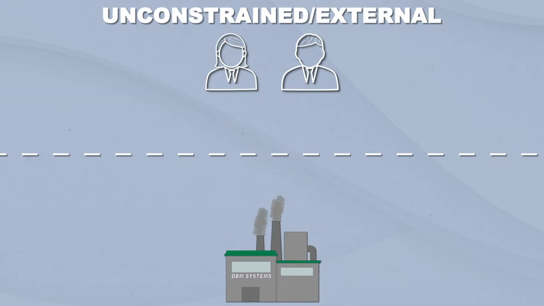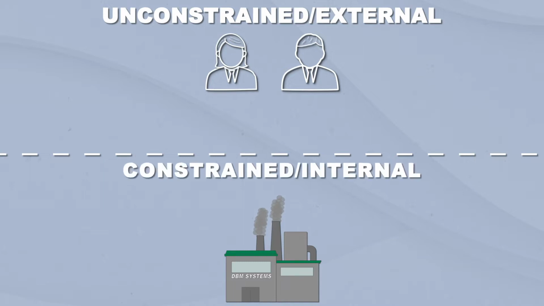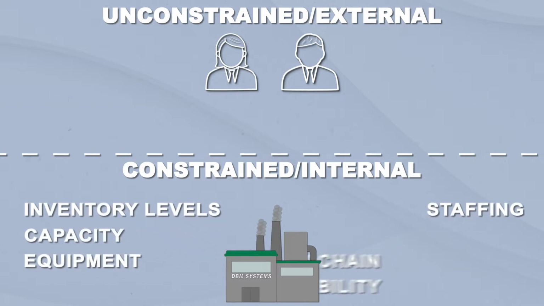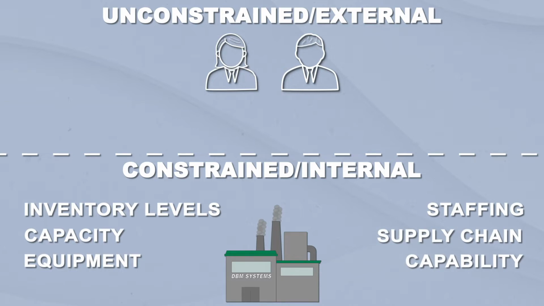Now, below this line is our constraint or internal view. This is what we can produce or what we can supply. This output is constrained by our investment in equipment or capacity, our inventory levels, our staffing, or supply chain capability. You can think about this as things that we control, decisions we've made, things we can control.